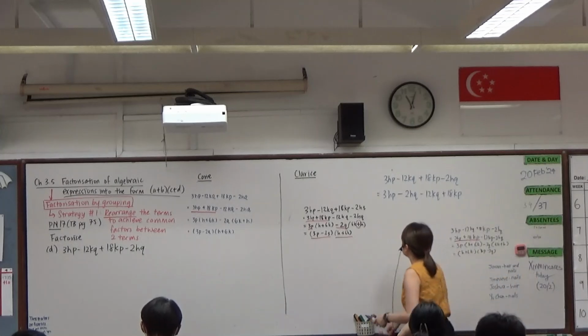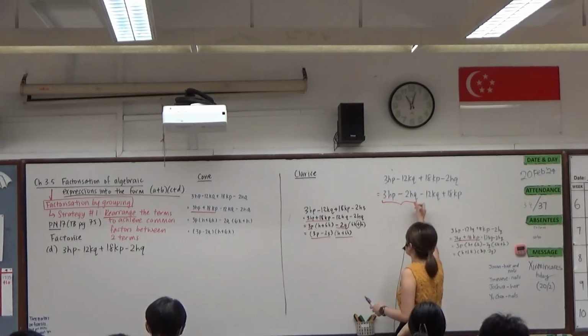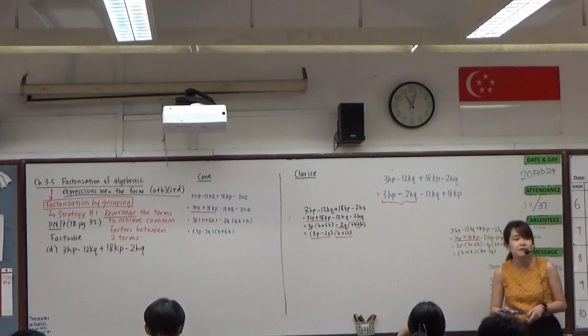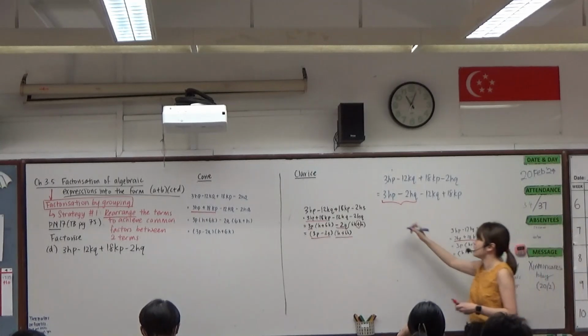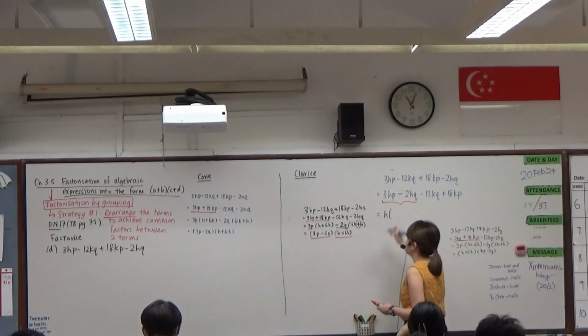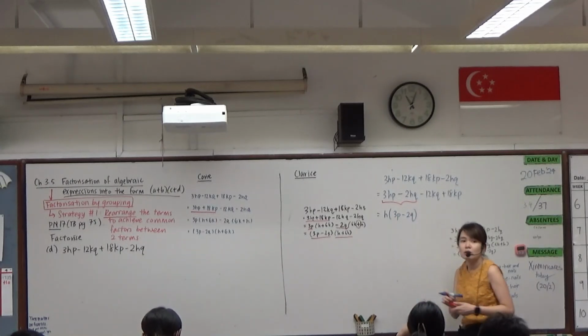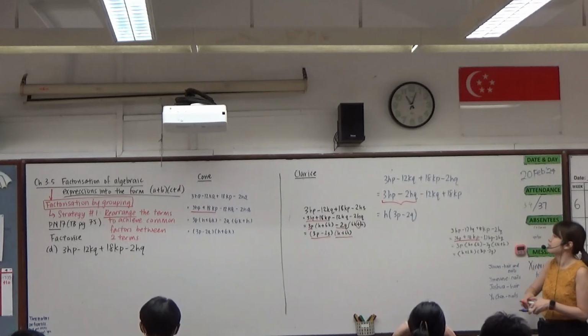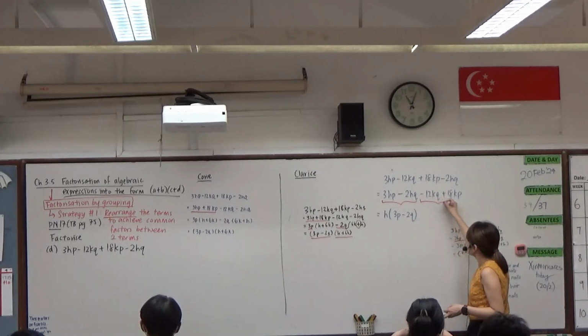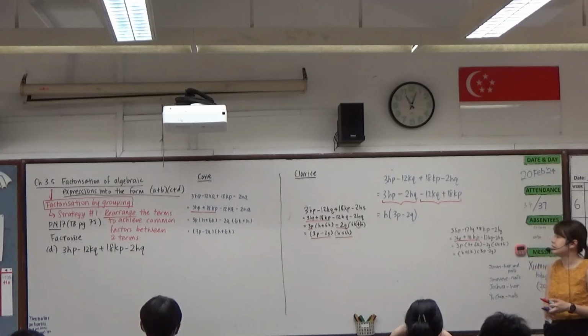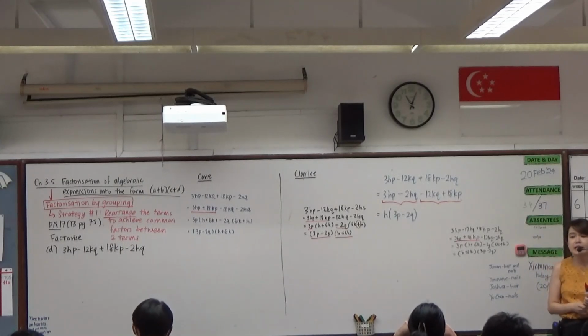So with 3HP minus 2HQ, we observe that the common factor is H, and we take out H. Then we will be left with 3P minus 2Q. Nothing wrong in this process, right? In the next pair of terms, we have negative 12KQ plus 18KP.